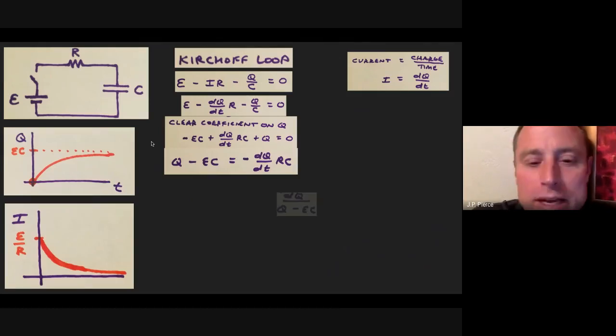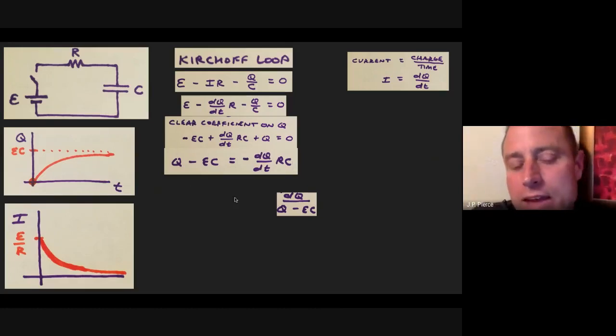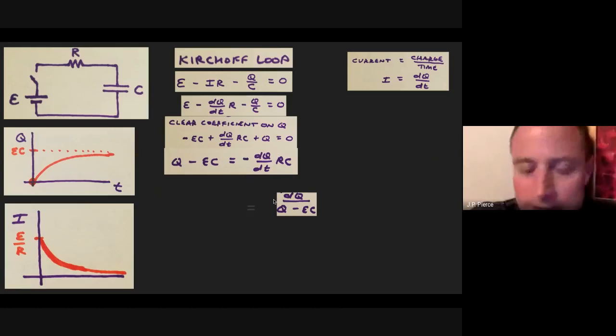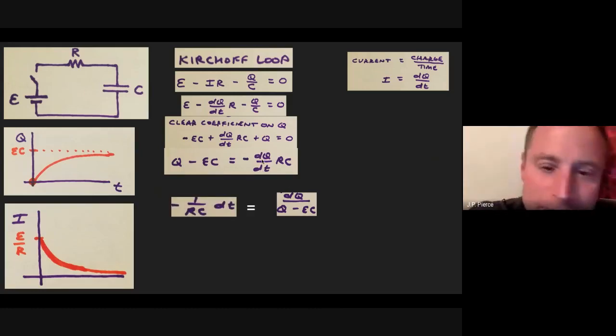To see what I mean, I've just brought this Q minus epsilon C under the dq. And then everything else I'm going to herd back over to the left. So it's going to look like this. The dt went over there, the RC I brought under there, and then the negative sign.